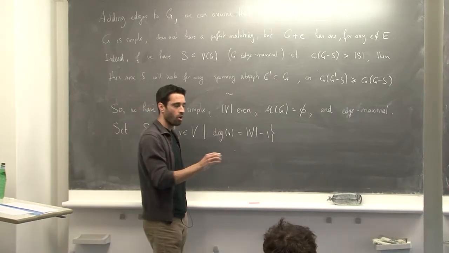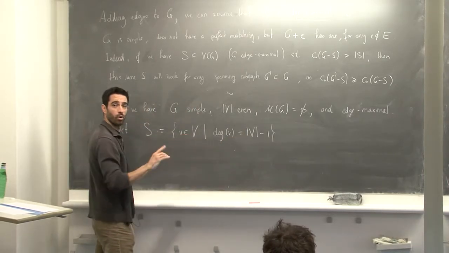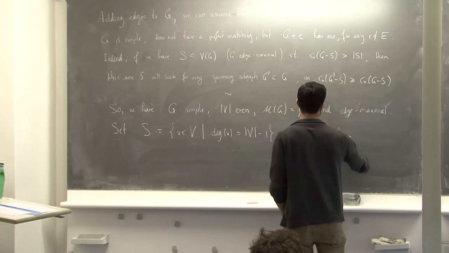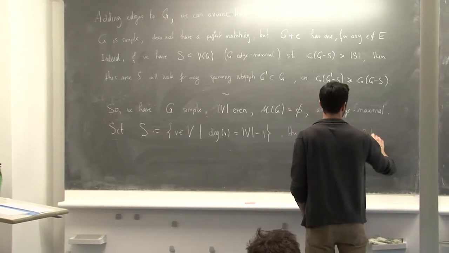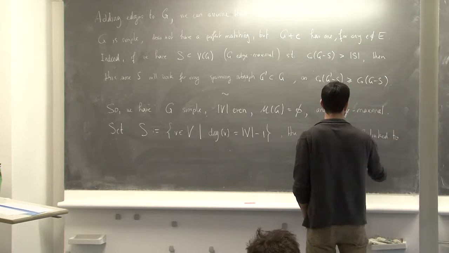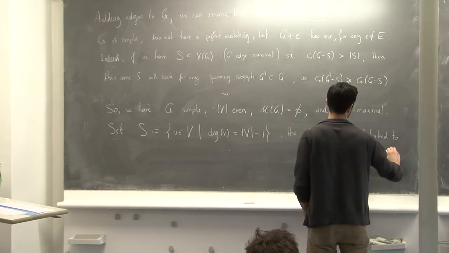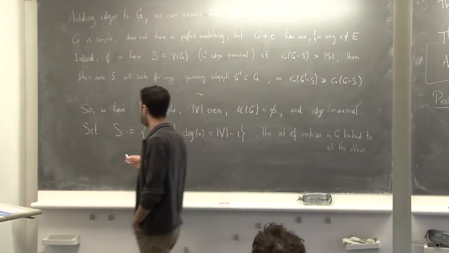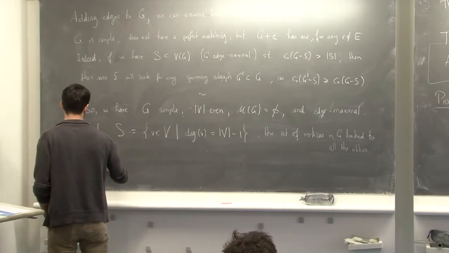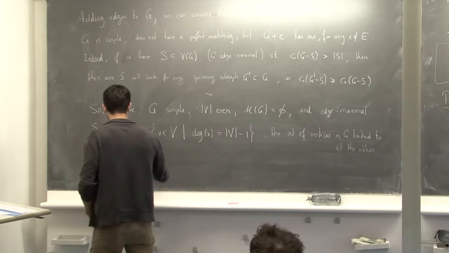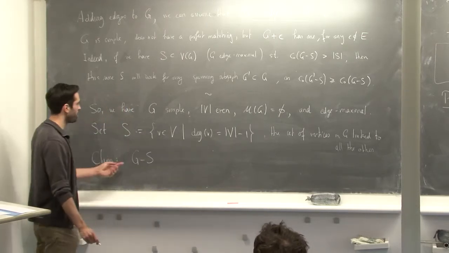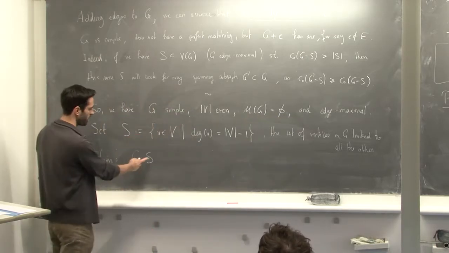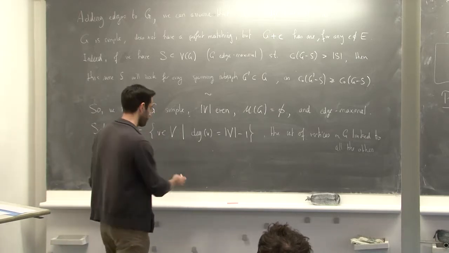Okay, you just choose all the vertices that are linked to all the others, the set of vertices in G linked to all the others. Okay, and now here's the claim. The claim is that if you take G with this property here and you remove S defined like this, then G − S consists of complete graphs.